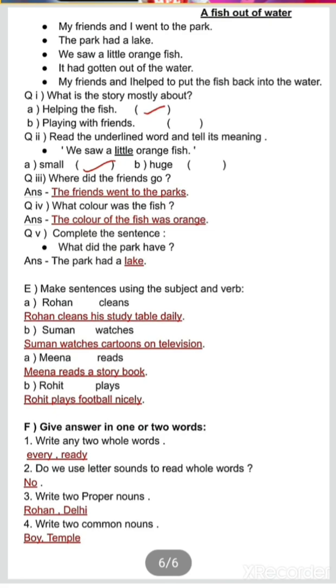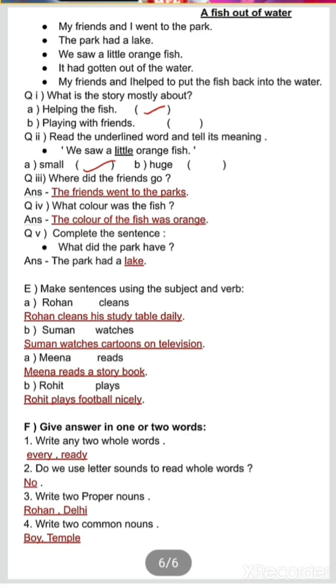The name of a particular person, place, or thing is a proper noun. We can write the name of any person or any particular place. Like Rohan, Delhi, you can use any other names also.